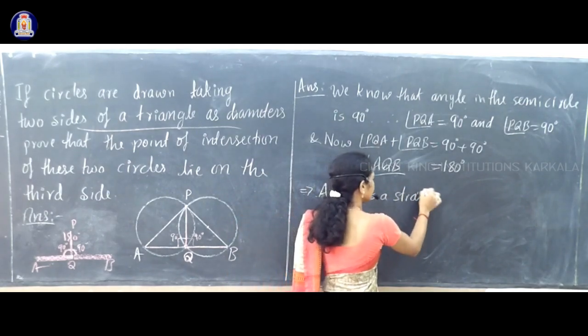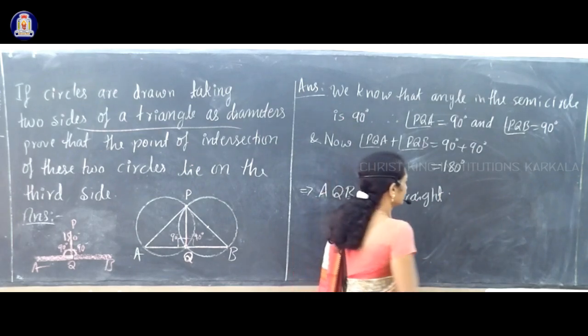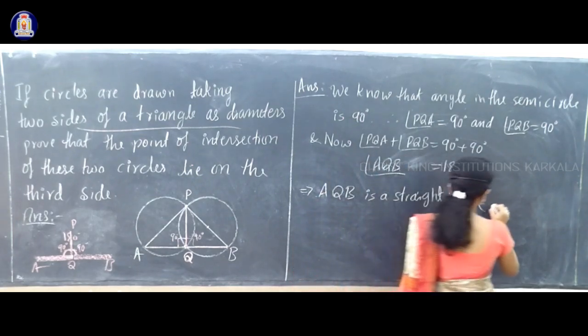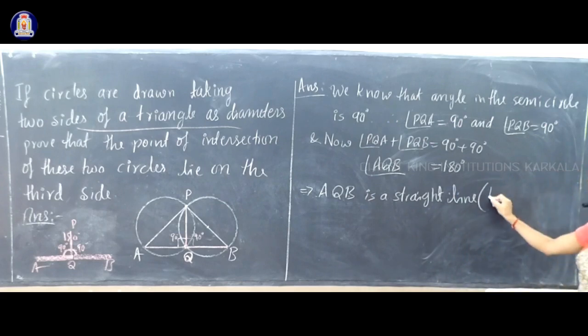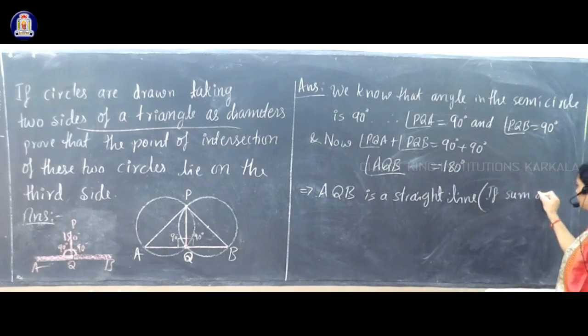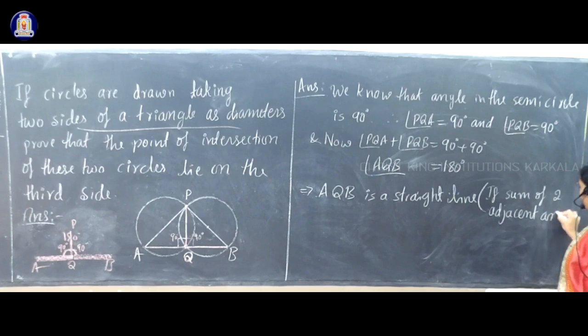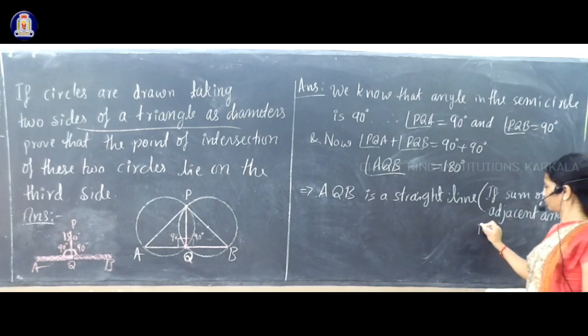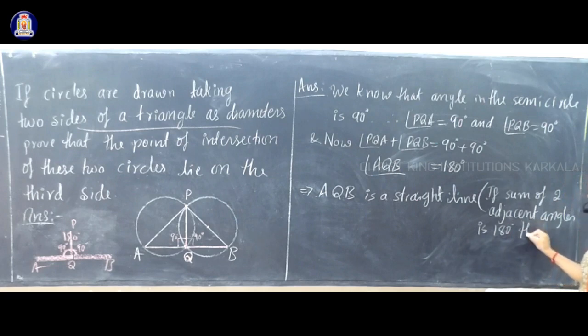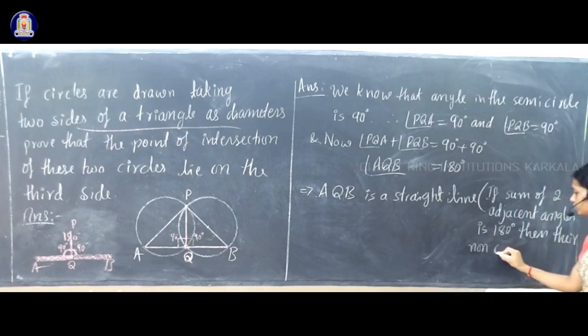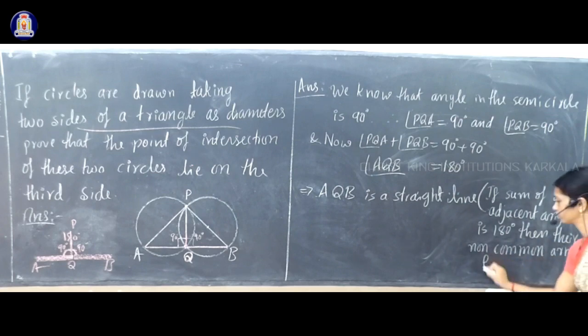Why we wrote like this? Straight line, that is by using a known result. Okay, I will write that result here. If the sum of two adjacent angles is 180 degree, then their non-common arms form a straight line.